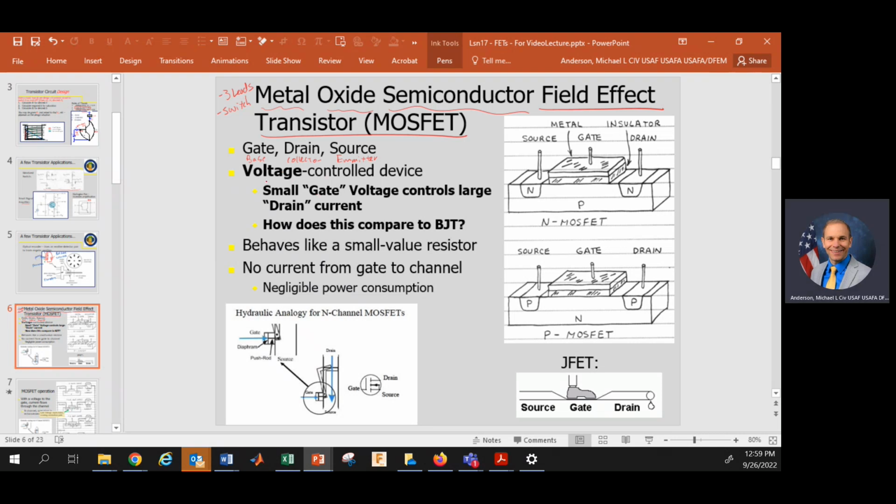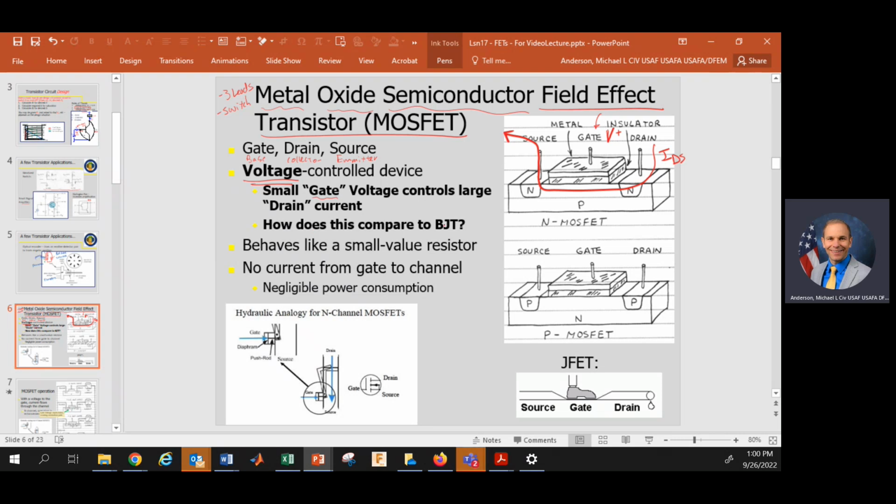A FET is a voltage controlled device. So remember a BJT, how does this compare to a BJT? Think about that. Here we have a voltage controlled device where a small gate voltage controls a large drain current. Here is the gate right here, and this is going to be a voltage, not a current. And we're going to get current flow from drain to source. That's going to be IDS, the drain source current.